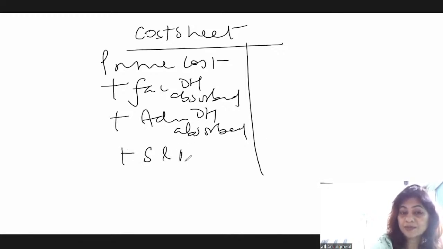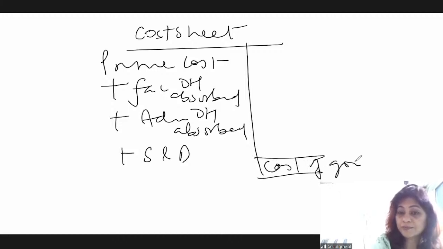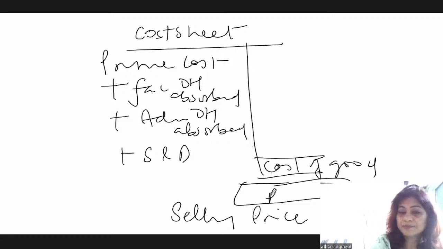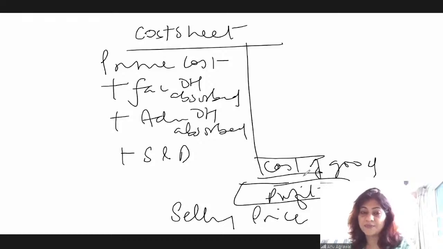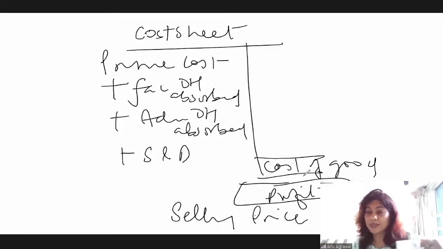This is your cost of goods, yes or no? So when you subtract it from the selling price, you get the profit. Don't you think because of under and over absorption, this profit gets affected? If you're under absorbing an expenditure, you are showing a higher profit. If you're over absorbing expense, you are showing a lesser profit. I hope I'm very clear with that. If yes, please write it to me and tell me.